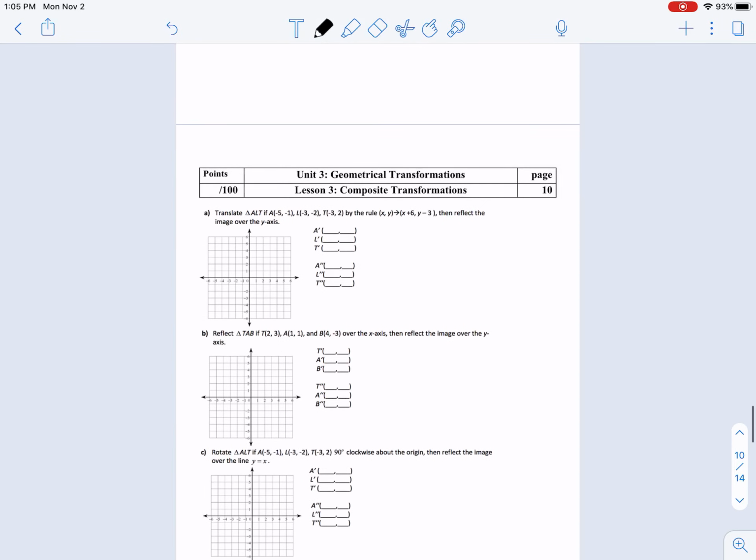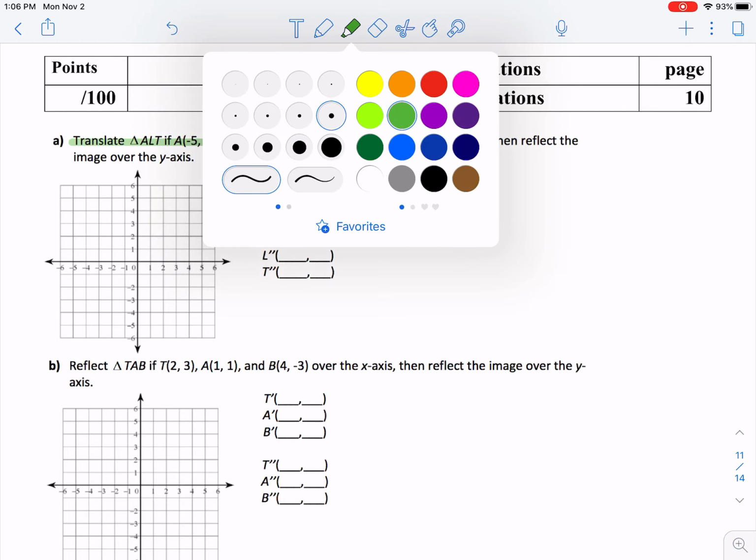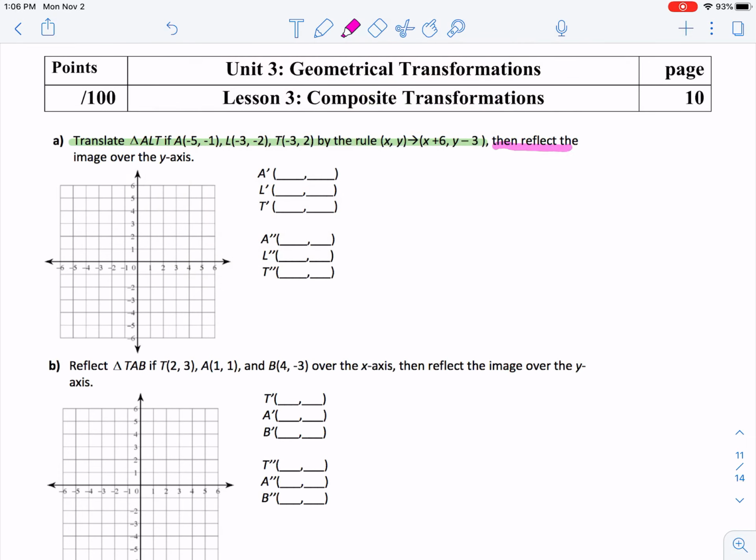And on page 10, we'll actually see a couple of these examples. So the first thing I want to do is translate by this rule, and then you'll have a transition word that tells you what your next step is after you do the first transformation.